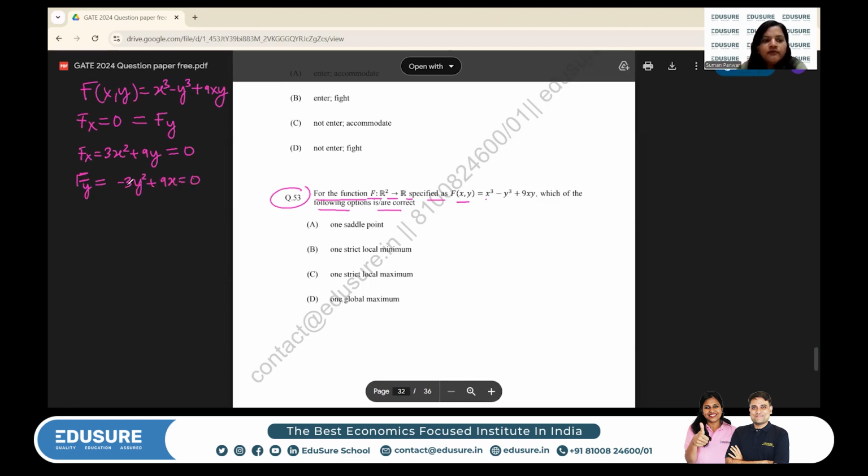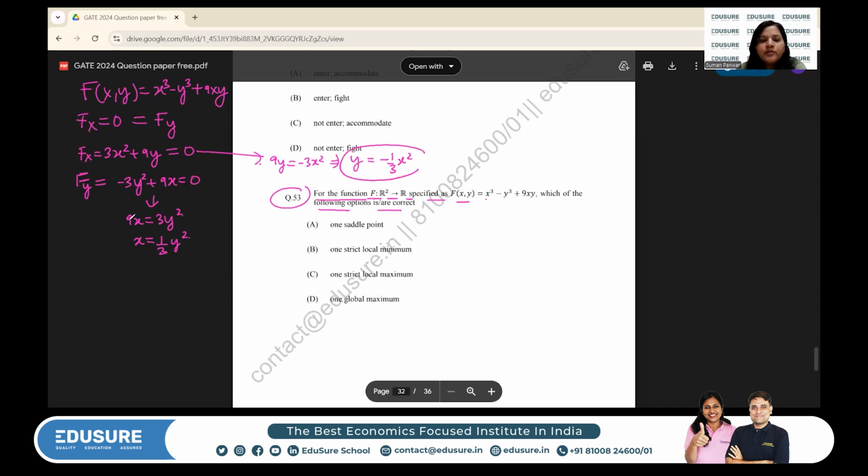So from here, we can get that 9x is equal to 3y square, or x is equal to 1 by 3 y square. Or from here, we can get 9y equals minus 3x square. So this would imply y equals minus 1 by 3 x square.